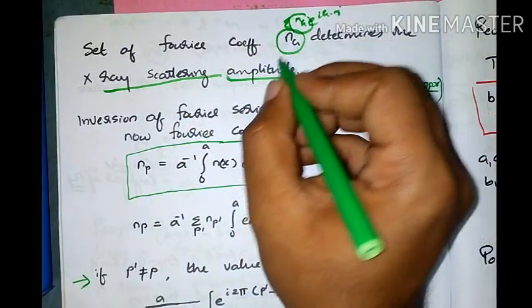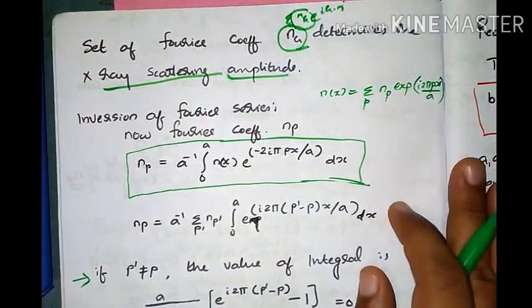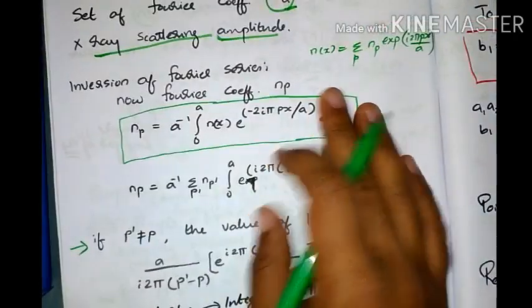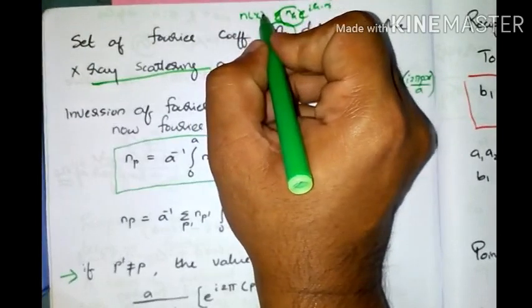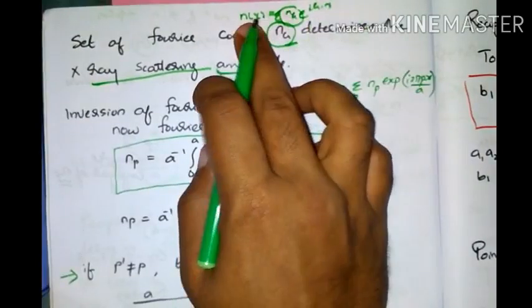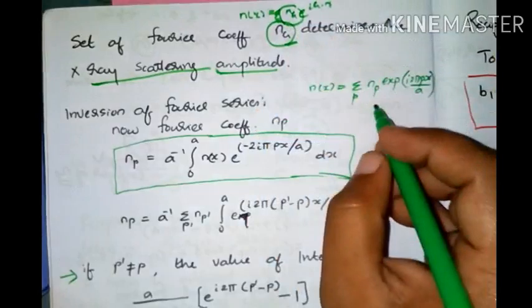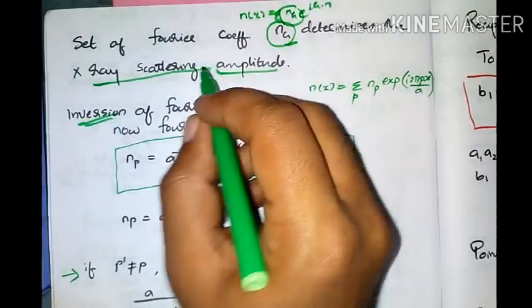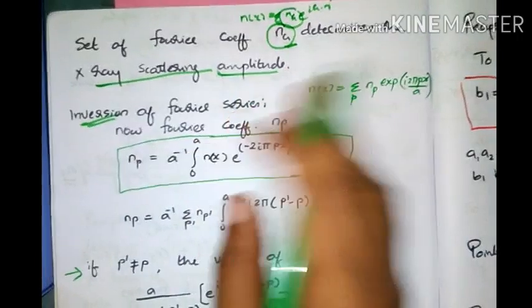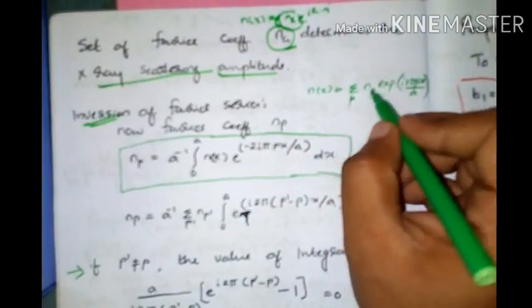So here we see ng as the scattering wave amplitude. So to find ng, we have n of x equal to this equation. So to find ng, we need to invert this. We have to take the inversion of this Fourier series.